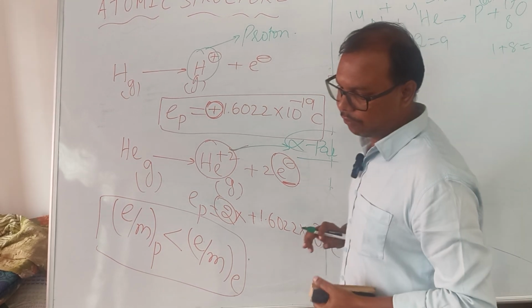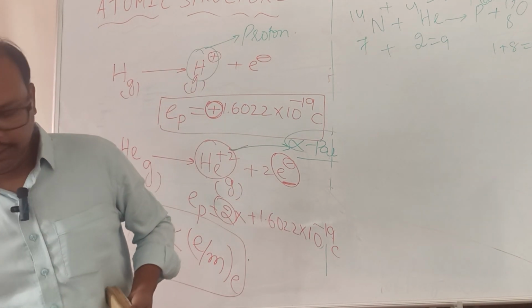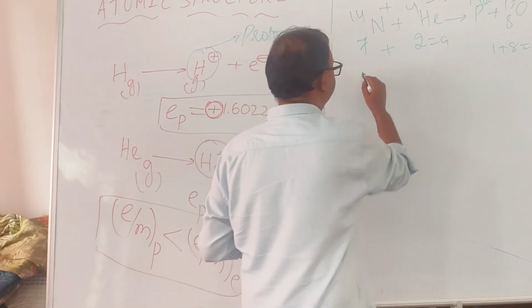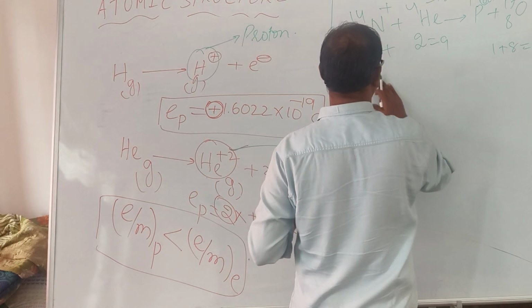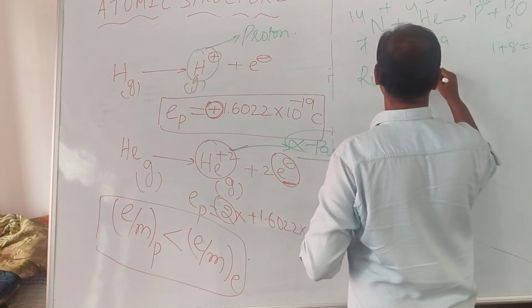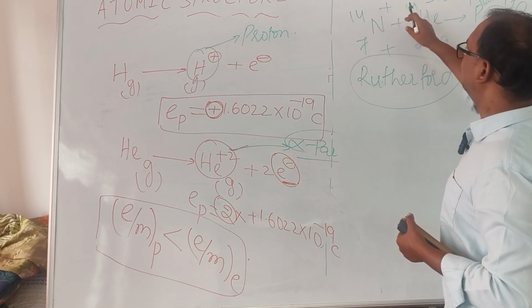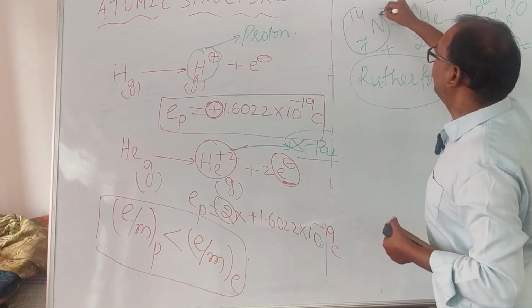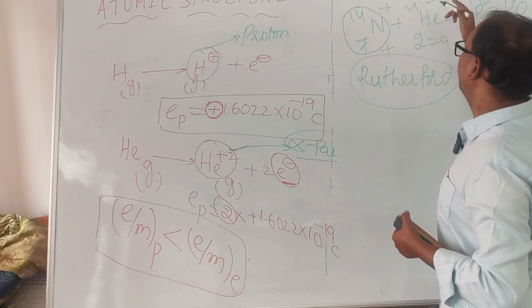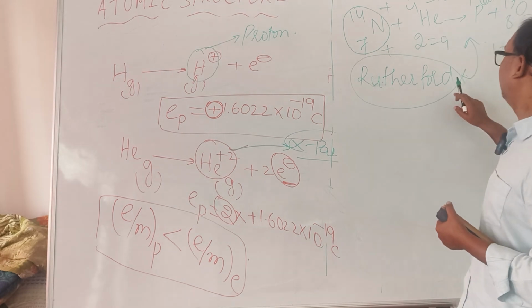It was produced by whom? By bombarding with alpha particle. It was done by Rutherford. He did this experiment using the nucleus of nitrogen and alpha particle, 2He4.